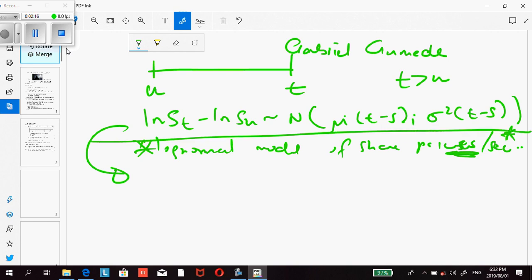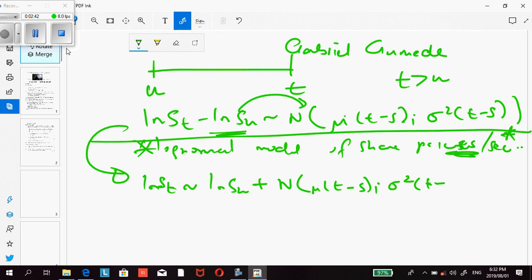Now, here, what we can actually do, we can say the natural log ST, and we can take this side so that we can have the natural log SU plus a normal distribution with mean mu into T minus S and variance sigma squared into T minus S. Now, if you push this inside the normal distribution, do you agree with me that the only thing that will be affected is your mean?